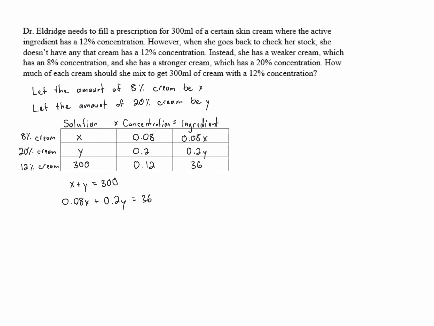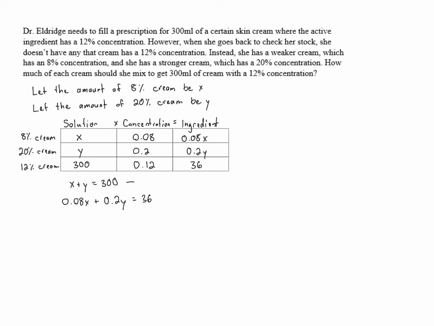So now we have our system of equations, and we can solve it to figure out the values of x and y. I'm going to solve this system of equations by substitution. Let's start by isolating x in the first equation. What do we get when we isolate x?